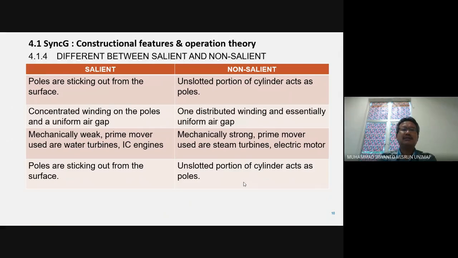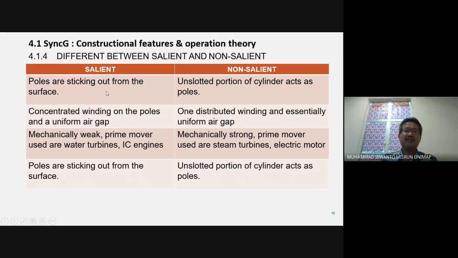Okay, and then in terms of construction, the salient poles are sticking out from the surface. For the non-salient, the unslotted portion of the cylinder acts as the pole. The salient has concentrated winding on the poles and a non-uniform air gap. The non-salient has distributed winding and an essentially uniform air gap.